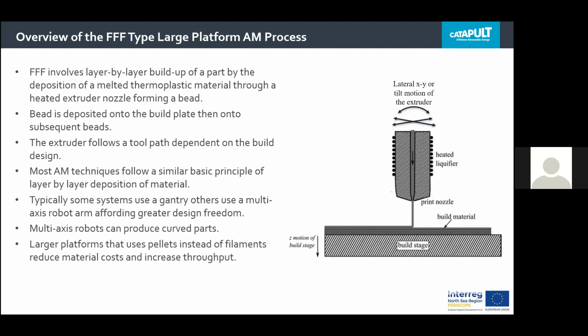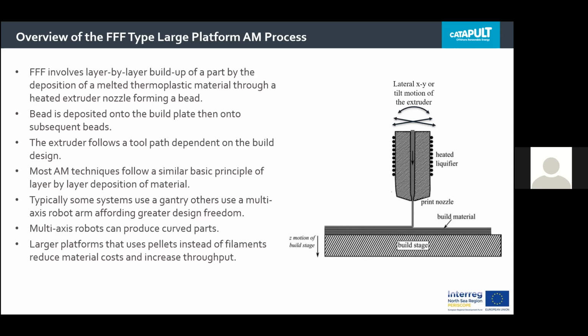Larger additive manufacturing platforms for thermoplastic extrusion tend to use pellets instead of filaments. So that drastically reduces material costs. Typically, if you were going to use an industrial filament bed 3D printer, your material filament, in the case of ABS with 20% carbon fiber loading, costs typically around $30 per kilo.